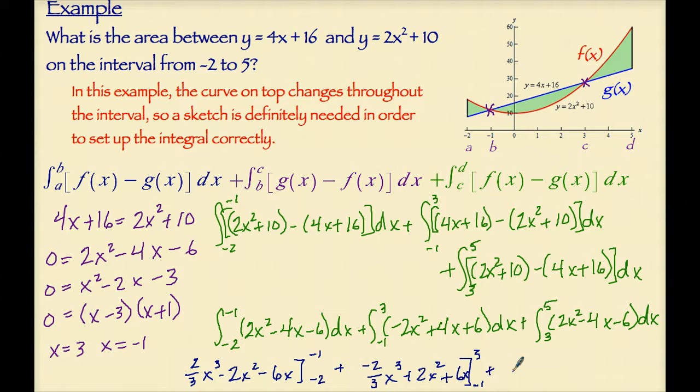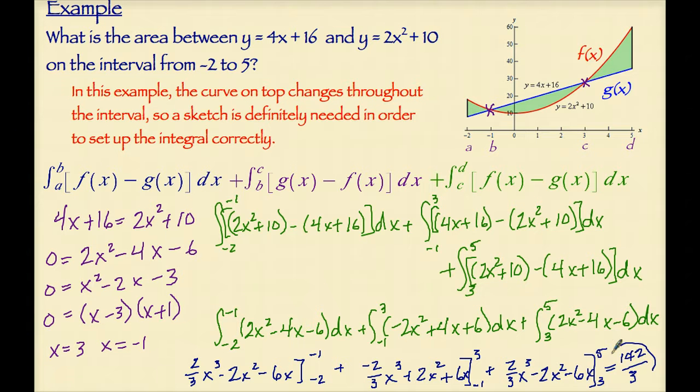And then we'll add to that 2/3 x cubed minus 2x squared minus 6x from 3 to 5. When all of this is calculated, the area between those two curves on the interval from -2 to 5 is 142/3.